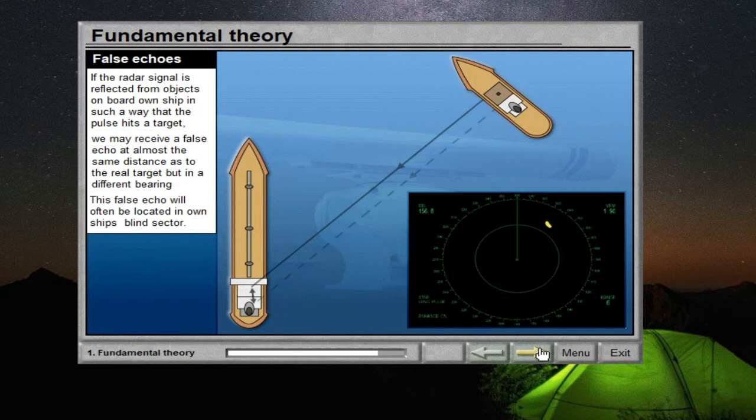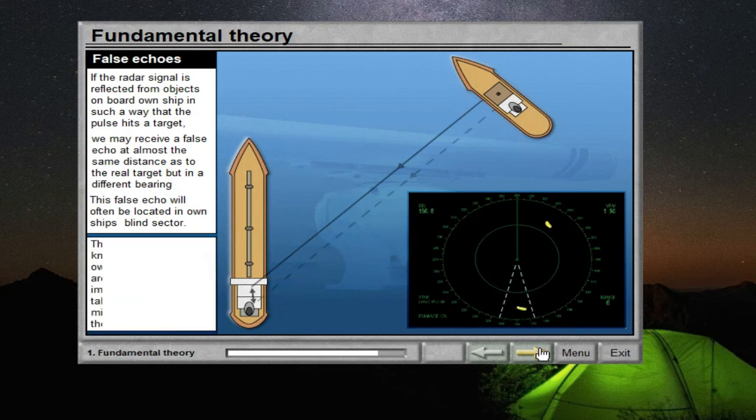This false echo will often be located in own ship's blind sector. The navigator should know exactly where own ship's blind sectors are located. This is important in order to take actions to minimize the effect of the blind sectors.